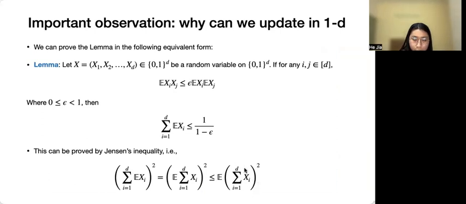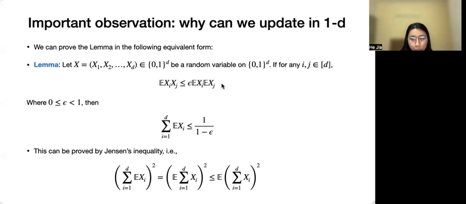And we can expand this square of the sum. We get the first part, the sum of Xi squared, which, because the Xi are just 0, 1 variables, equals the sum of Xi. And the second part is the expectation of Xi times Xj. We can bound this term by this inequality, and it's bounded by epsilon times the expectation of Xi times the expectation of Xj.